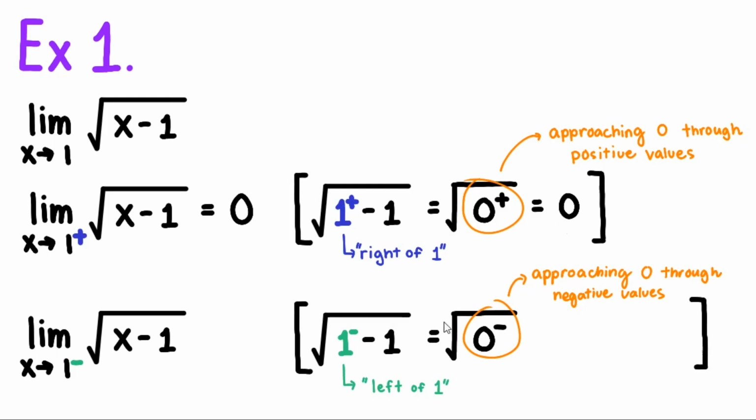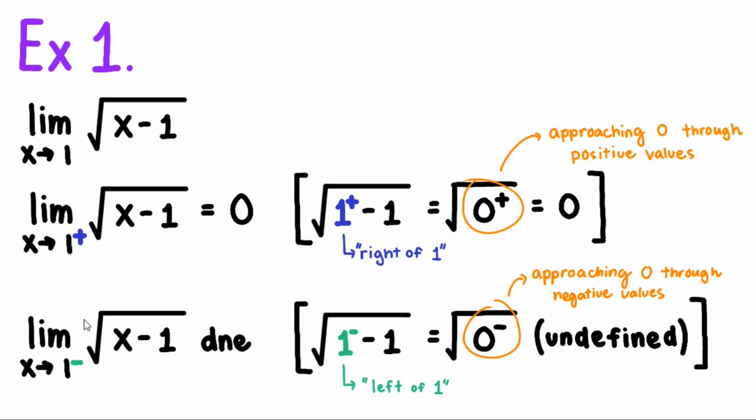Given that, we know that the expression inside the radical is negative. No matter how close it is to 0, it's still negative. Therefore, this radical is undefined. And so we conclude that this one-sided limit does not exist.